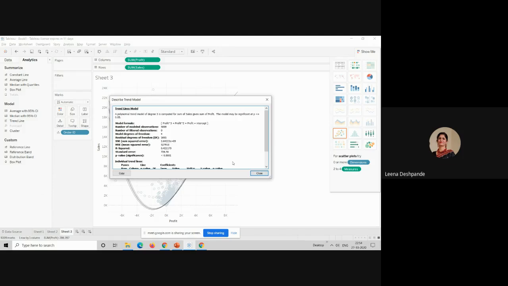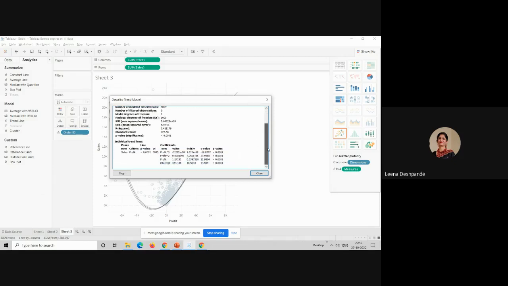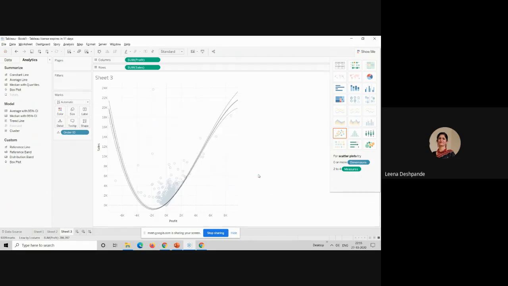With describe trend model, as we have seen in Python and other tools, it gives a statistical summary of your model. If it is a polynomial model, this is the equation that we are going to use. These are the number of observations, the number of records, the missing values, the residual value, R square value, and standard error. All this information you will get using this option. So for describe trend model, whichever model you are going to use, just click on that and you will get the detailed analysis.